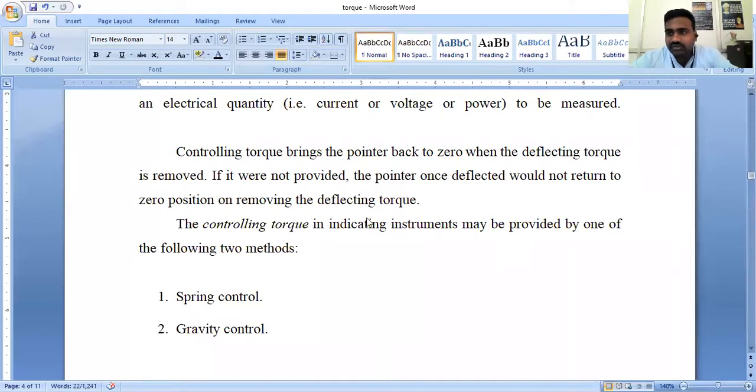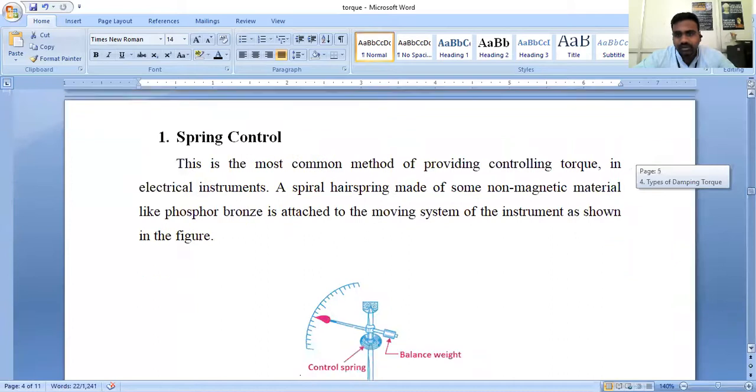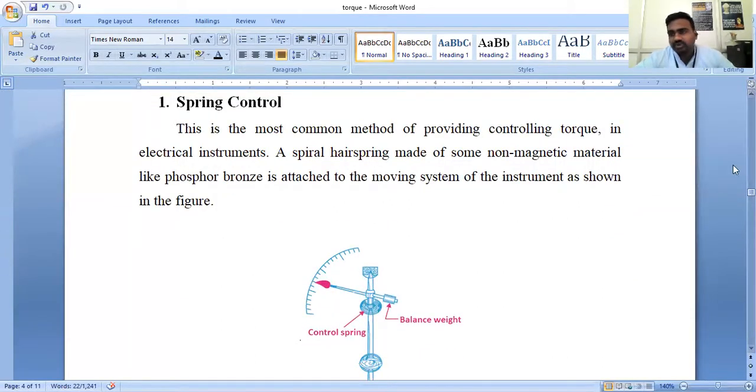So two types of controlling torque techniques are involved. One is spring control and second one is gravity control. First we will discuss spring control. This is one of the most important and most common techniques. By using these two techniques, spring control and gravity control, we can provide the controlling torque to the respective instrument. That is the main purpose.